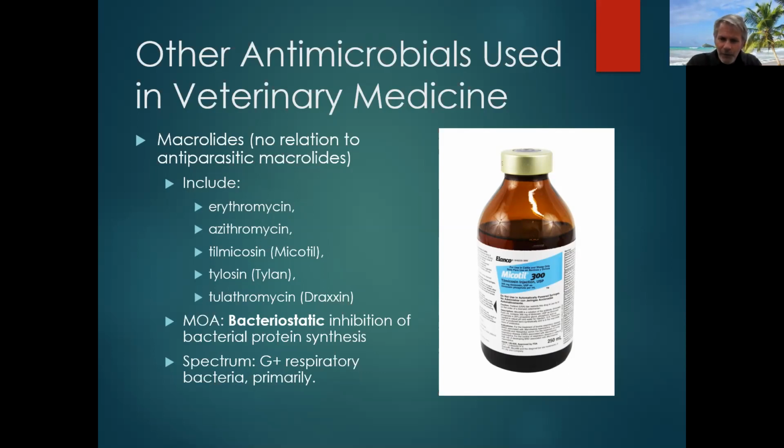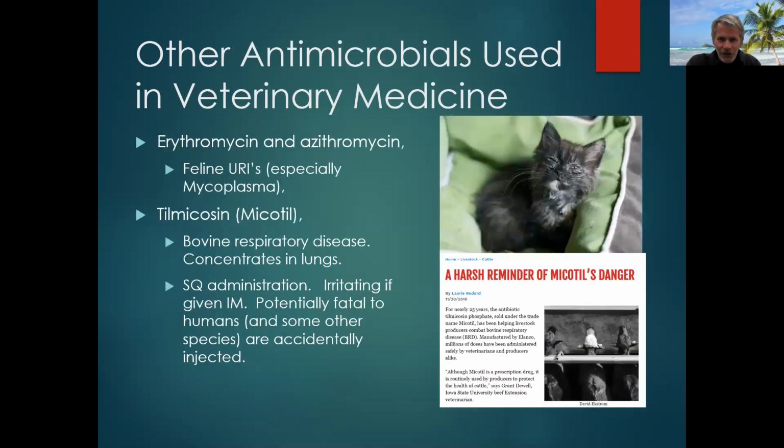So these are very helpful for gram positive respiratory infections. For the little cats, you know how we talked about using tetracyclines to treat mycoplasma. Well, we can also use these. So we might reach for this instead of a tetracycline.